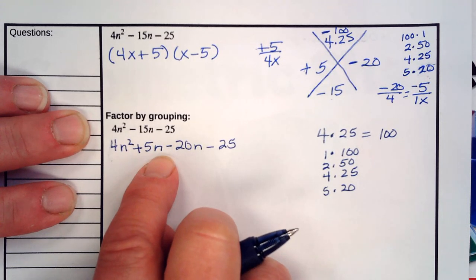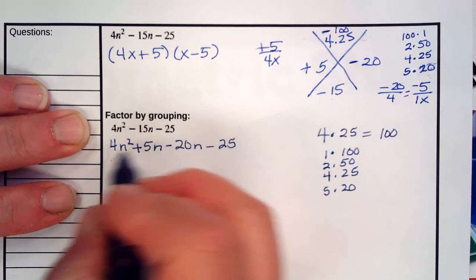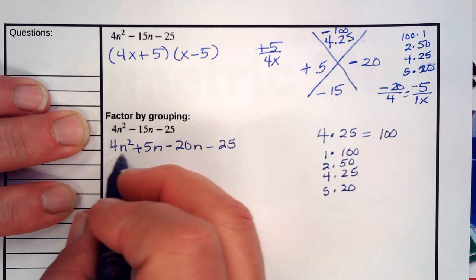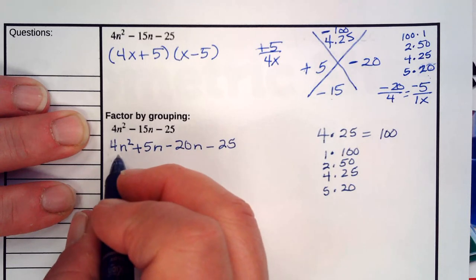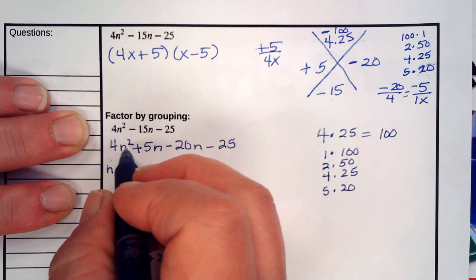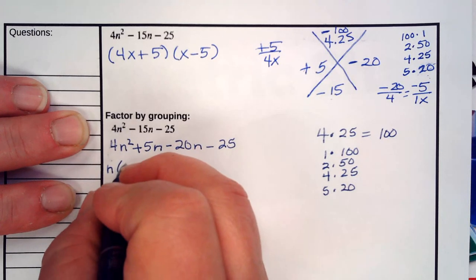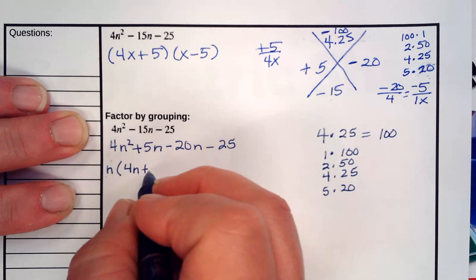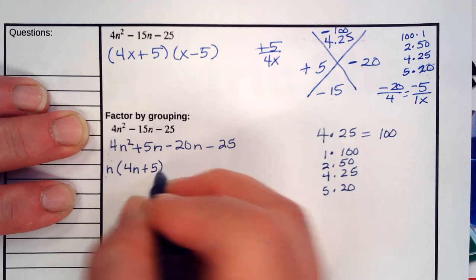So now, how do we get started? Well, we factor the first two and then the last two. So I've got 4n squared plus 5n. The only common factor I have is n. 4n squared divided by n is 4n, plus 5n divided by n is 5.